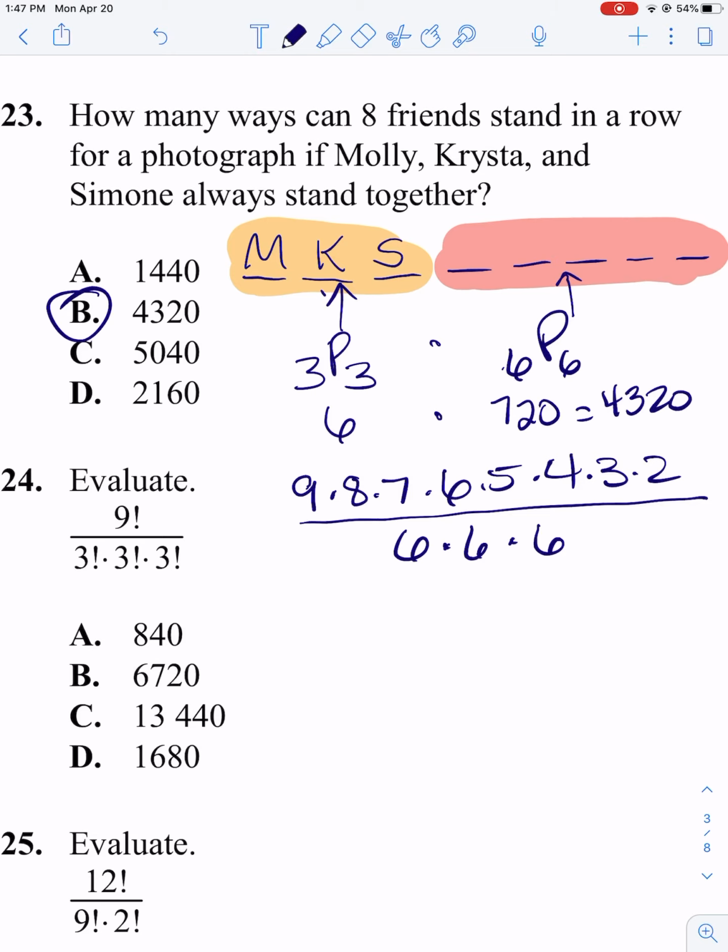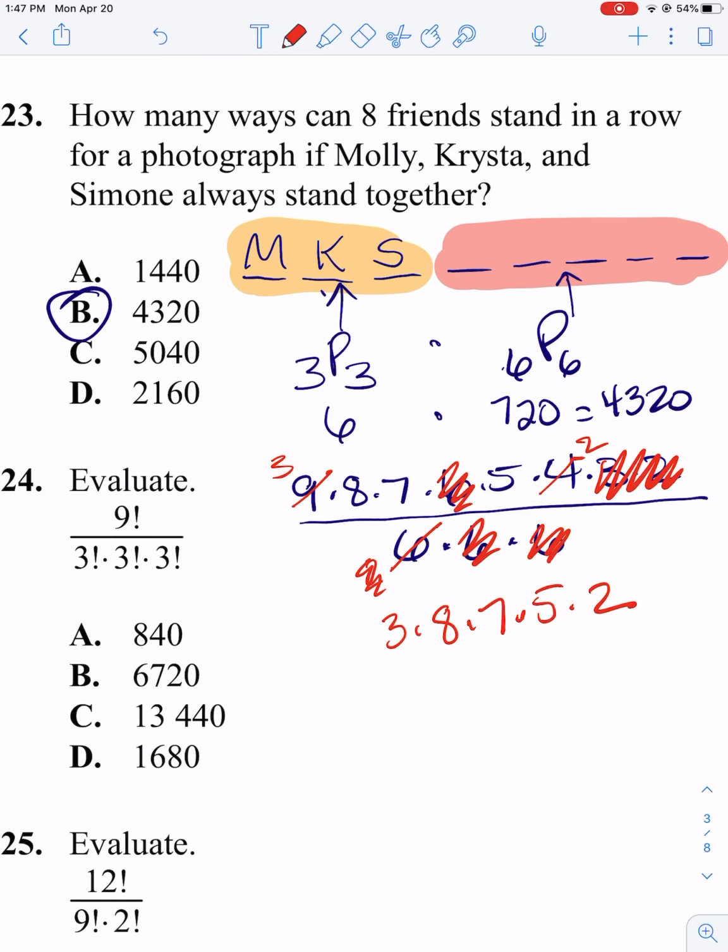So we can start with, this can get rid of that. 3 times 2 is 6. That can get rid of that. And then I can think, well, 6 has a 3 in it. So if I cancel a 3 out of it, I'm left with a 2. If I cancel a 3 out of that, I'm left with a 3. And then this 2 can cancel that. So my answer is 3 times 8 times 7 times 5 times 2, which gives me 1680.